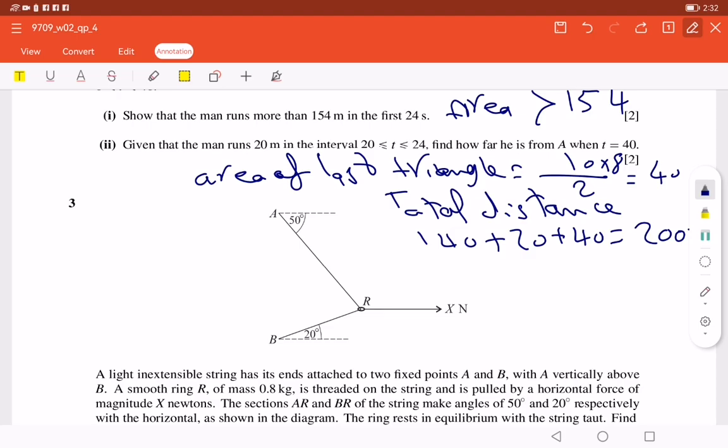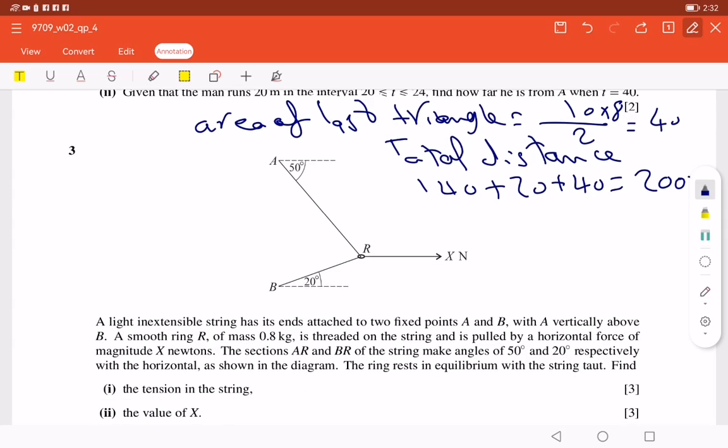Question number 3. A light and inextensible string has its ends attached to two fixed points A and B, with A vertically above B. A smooth ring R of mass 0.8 kilogram is threaded on the string and is pulled by a horizontal force of magnitude X newtons.